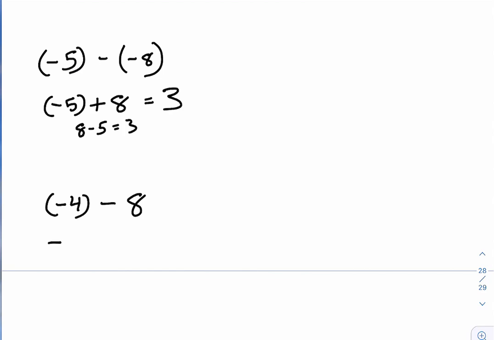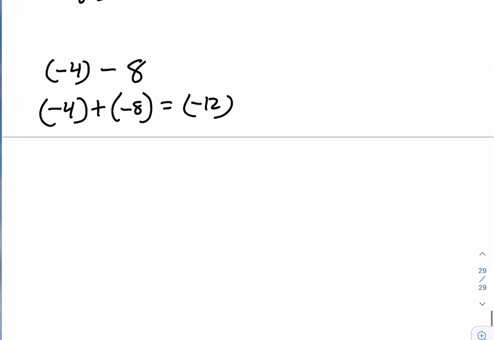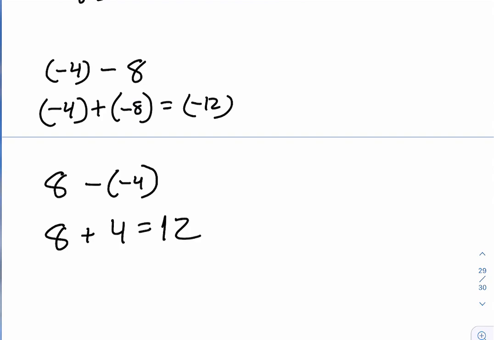You always keep the first integer the same. Where if I have a positive first, 8 subtract negative 4, 8 plus 4 is positive 12.